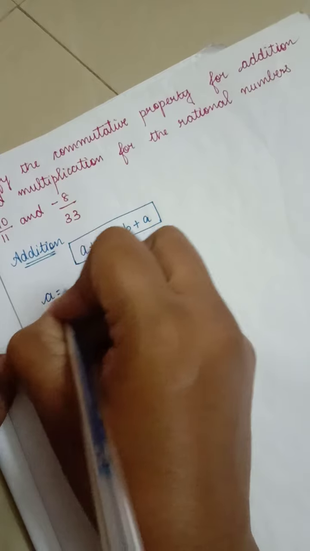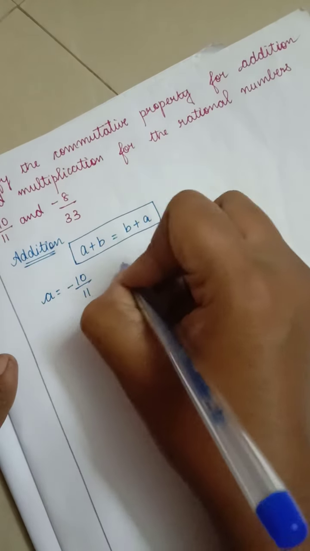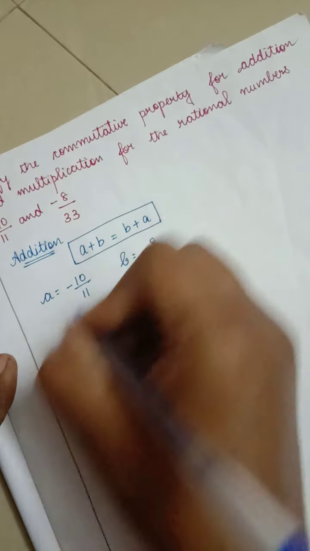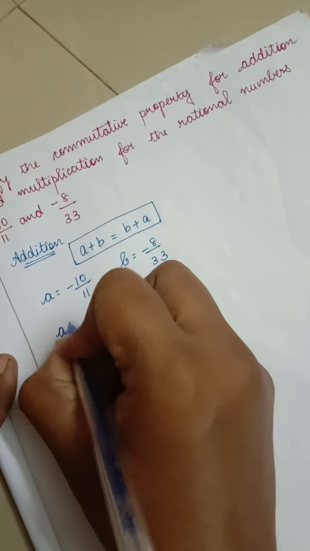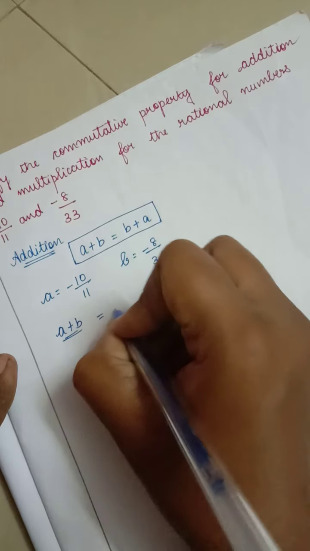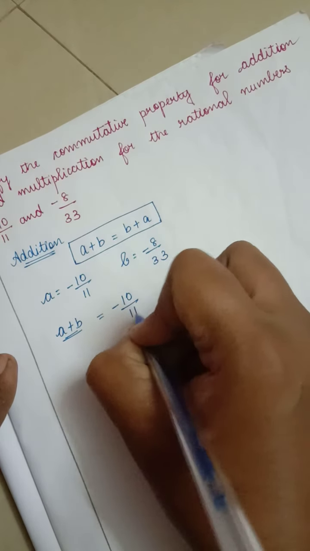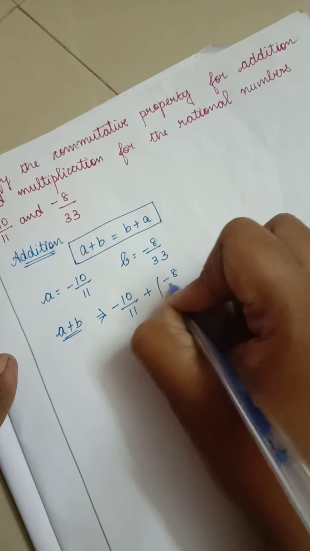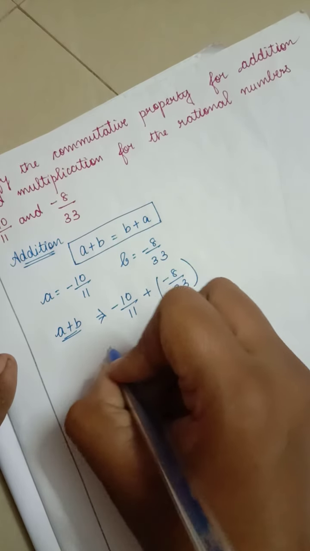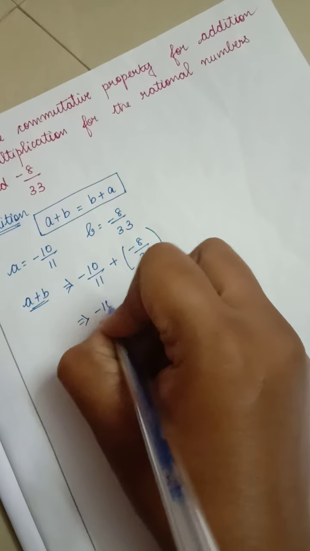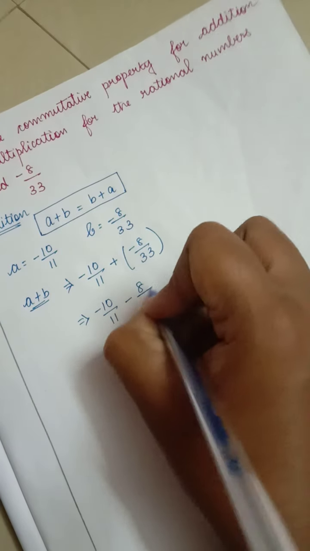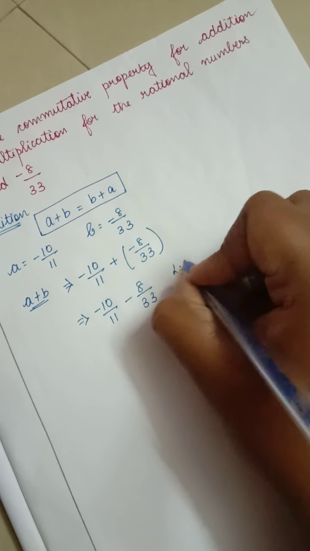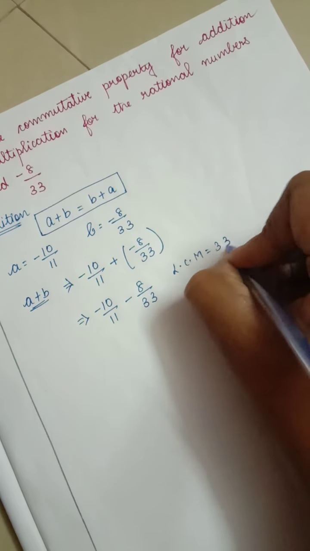A is minus 10 by 11 and B is minus 8 by 33. First I take A plus B, which is minus 10 by 11 plus minus 8 by 33. The LCM is 33.